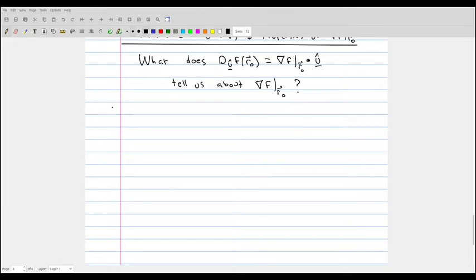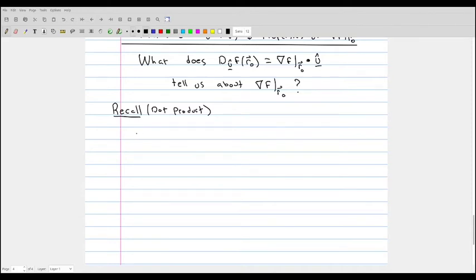Now, what you should do is recall the following property about the dot product. That was hopefully proven in a previous calculus course, but I can definitely go over this if you have questions on this.